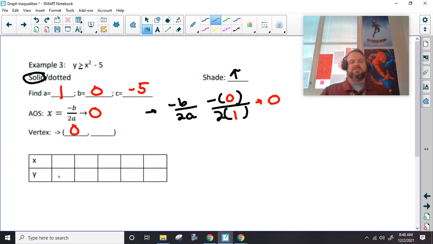Now I didn't give you a space for this. I'm trying to wean y'all off a little bit. But to find the vertex, this is x squared minus 5. If we were to plug in 0 right here, well, what's 0 squared? 0. What's 0 minus 5? Yeah, negative 5.